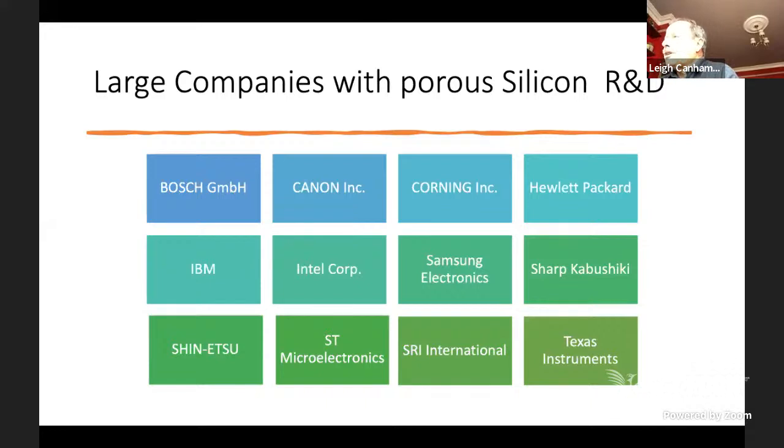So if we look at large companies with porous silicon R&D, how can we find out which large companies work on a particular nanoporous material? A good way to start is to do a search on intellectual property.